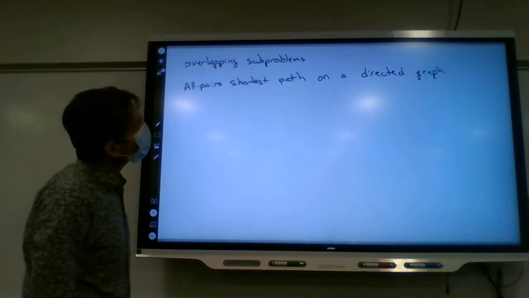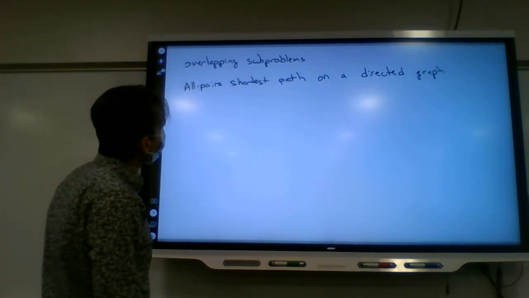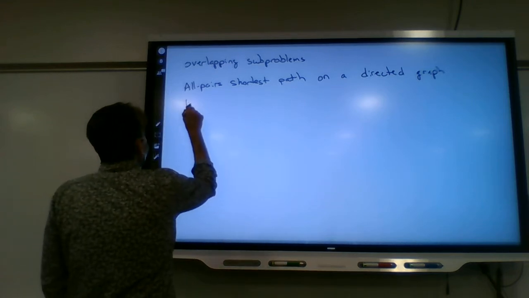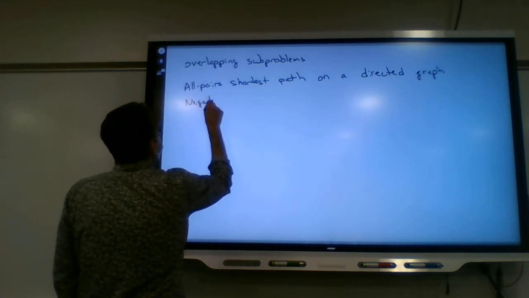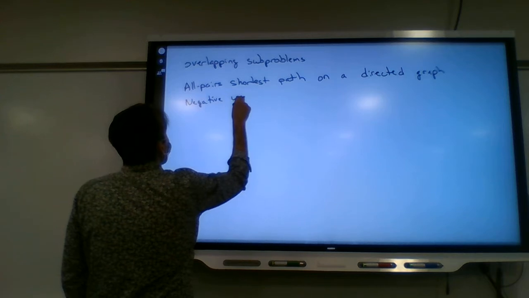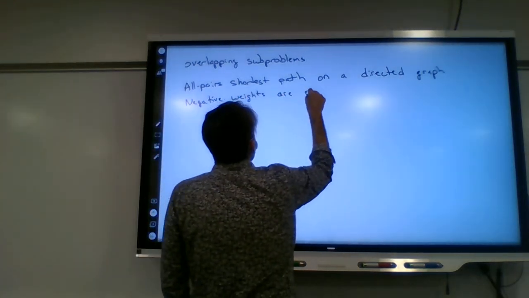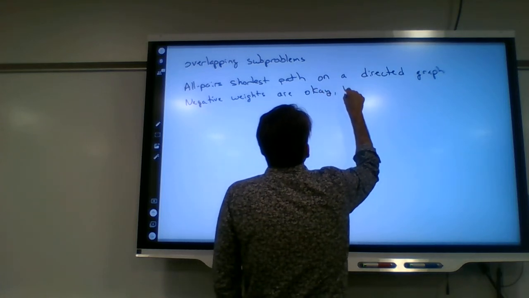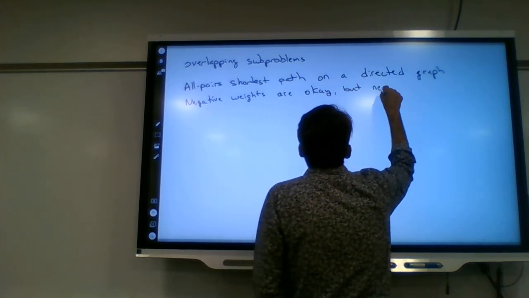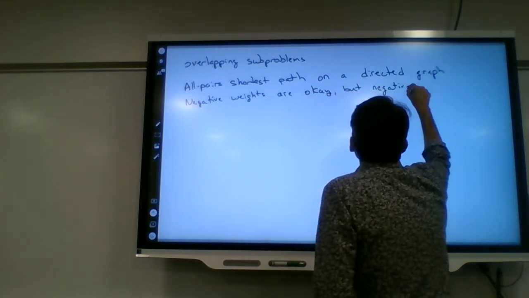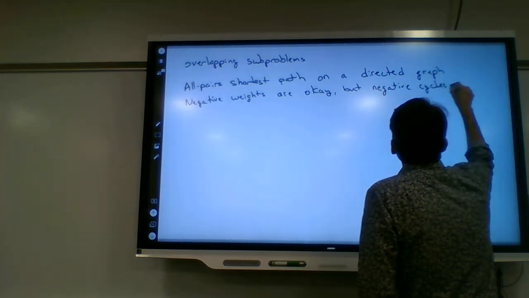In this particular algorithm, negative weights are okay. But negative cycles are not.